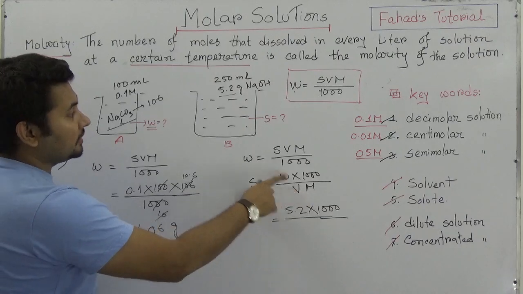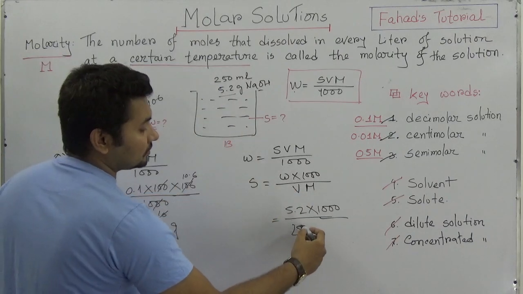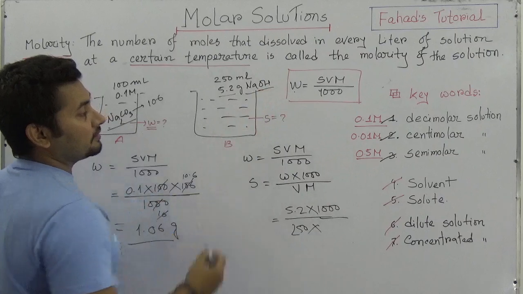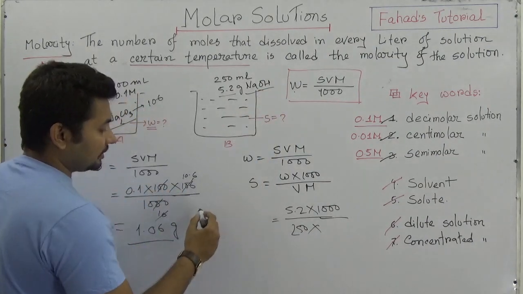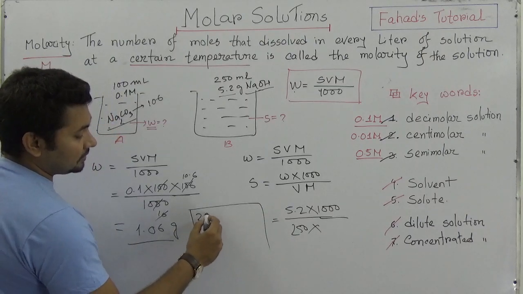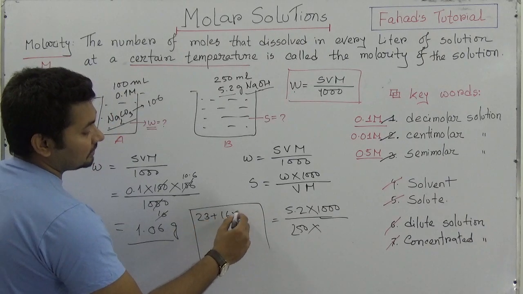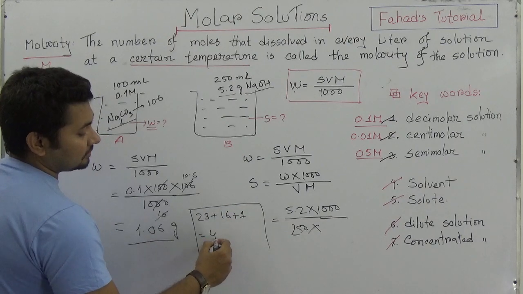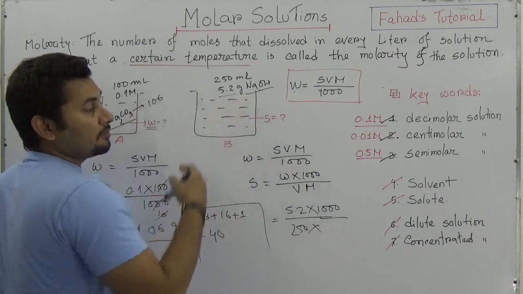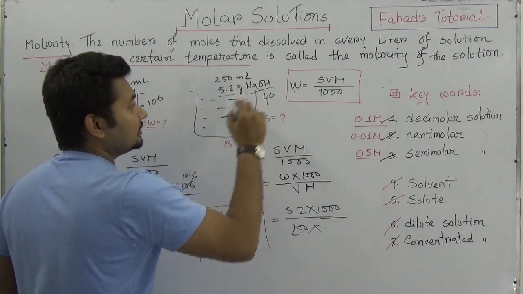According to the rules, V is 250 ml. So 250, and now M of sodium hydroxide. What is the molecular mass of sodium hydroxide? Sodium is 23, oxygen is 16 and hydrogen 1. So altogether it is 40.